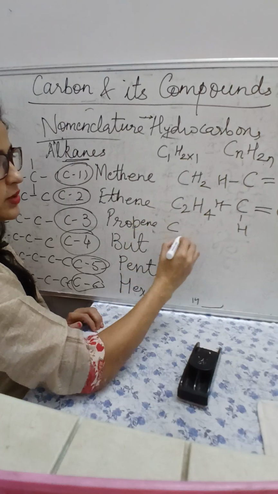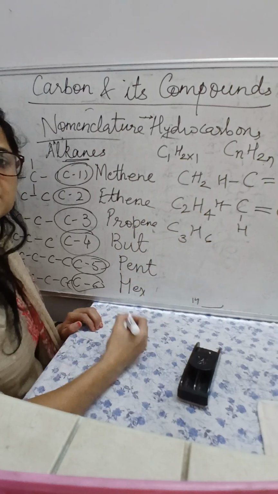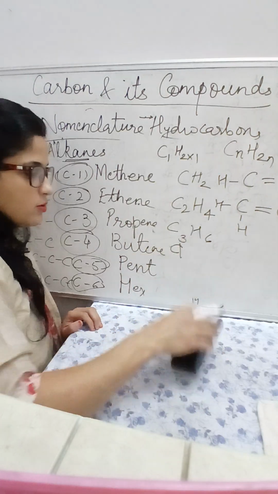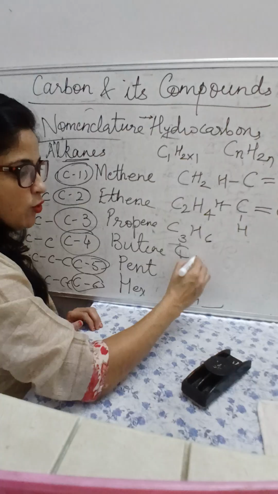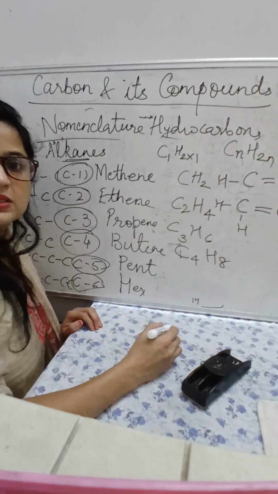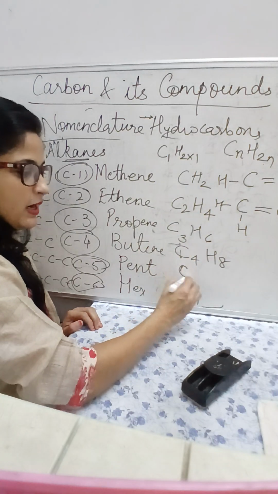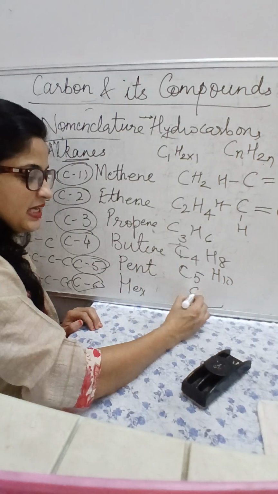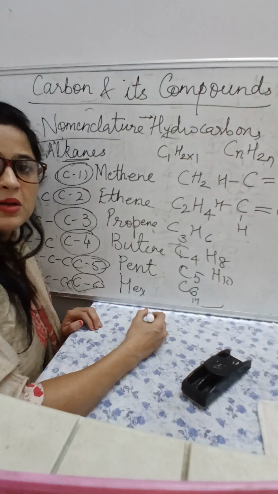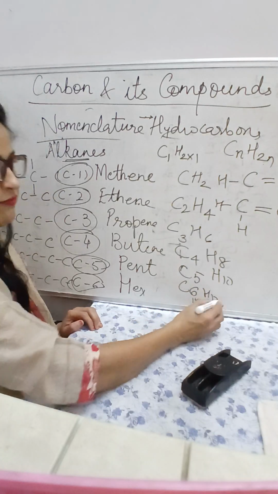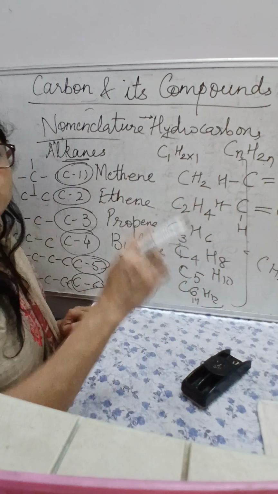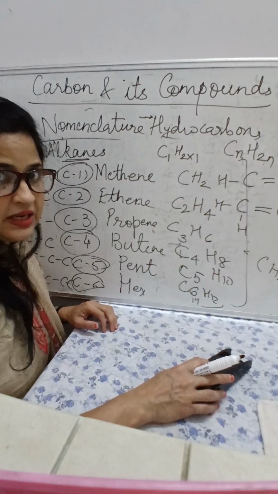Propene will become C3H6. Butene will become C4H8. Similarly, pentene will become C5H10 and hexene, my dear students, will become C6H12. So these are also differing by the CH2 group, which is called the homologous series.